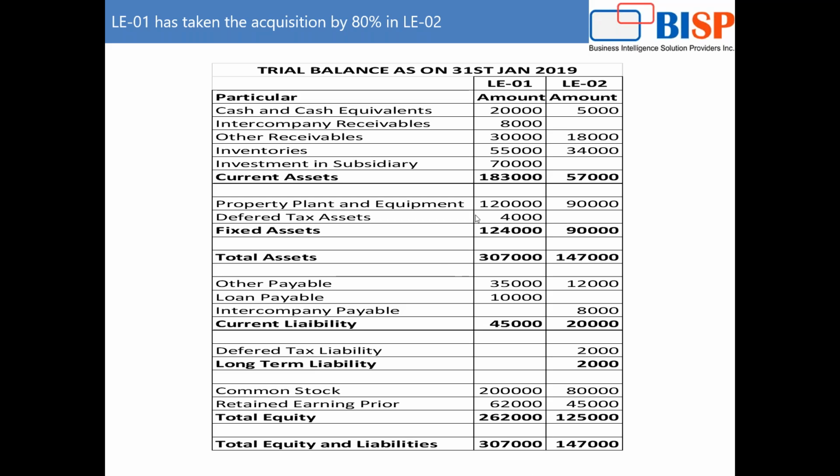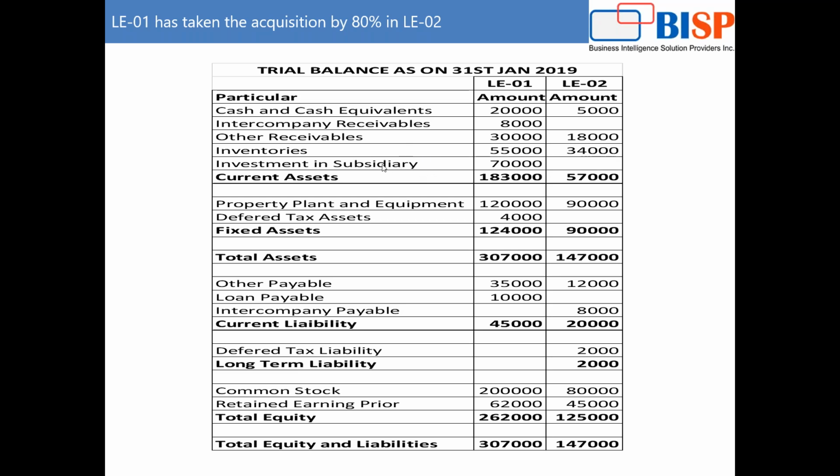In the books of legal entity 01, there is an 8,000 receivable from legal entity 02. Similarly, you will find the intercompany payable in the books of legal entity 02, that is 8,000. Other receivable is 30,000 and 18,000. The inventory amount is 55,000 and 34,000.